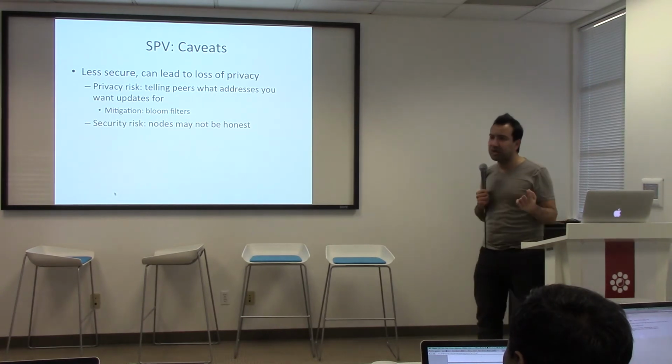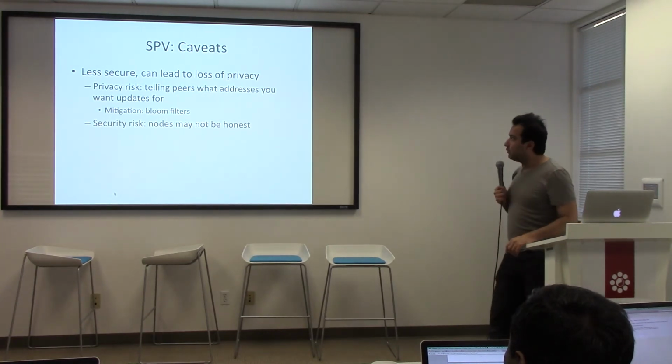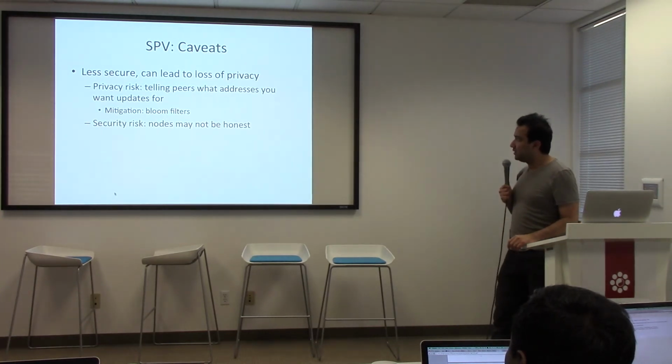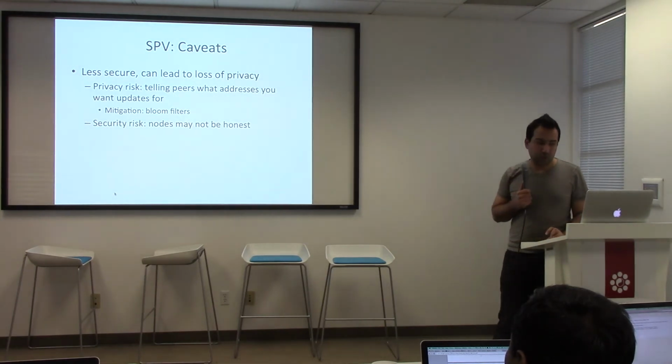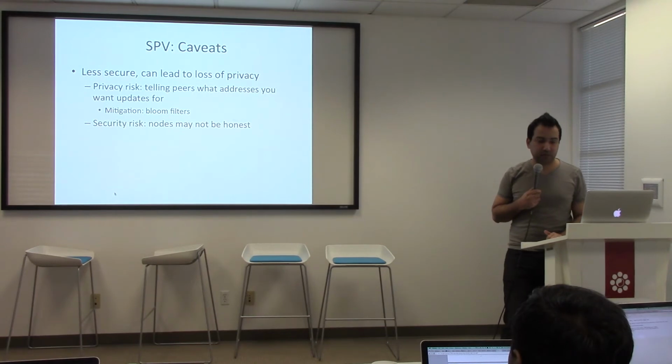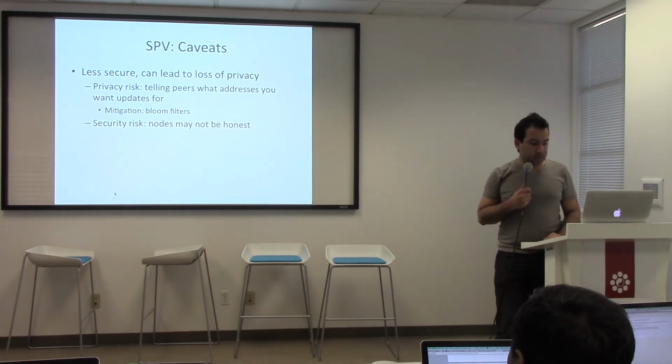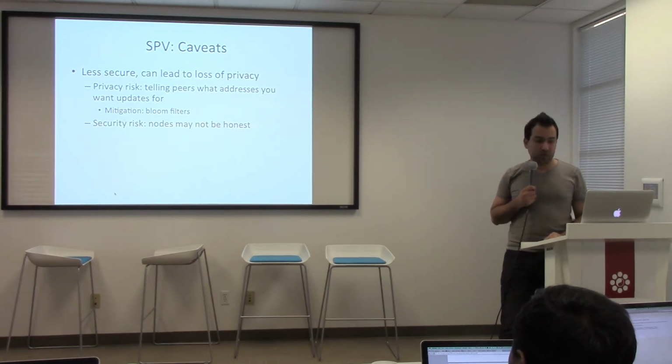So there's loss of privacy and security. When you are using SPV, you are also hoping to come across a node that is honest and is not lying to you. And for this reason, you need to connect to more than one node, and preferably in different locales and so on.